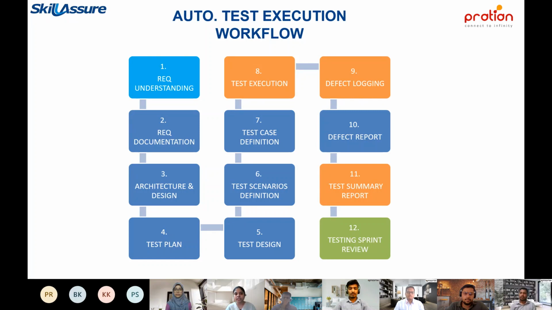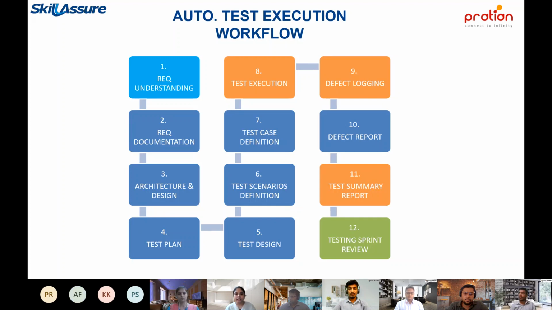Once documentation was completed, we did our architecture design and moved to the test plan phase. This is where we planned resource allocation, what tools and techniques to use. Then we moved to the test design phase and designed our test cases.